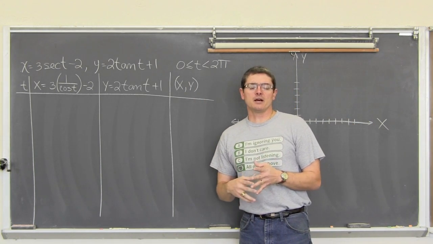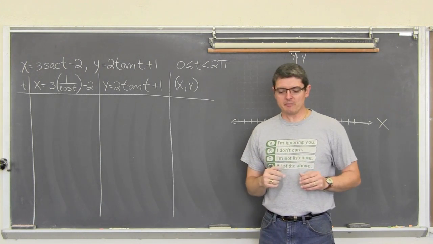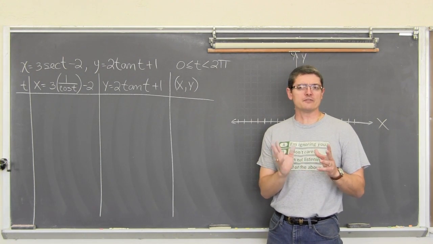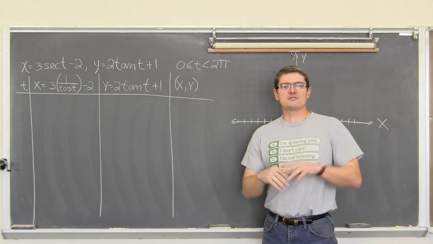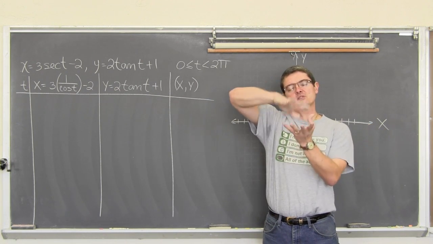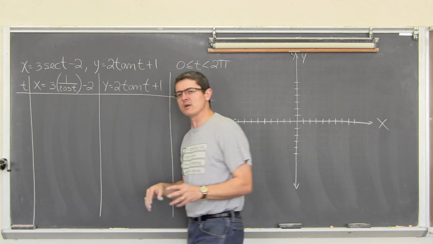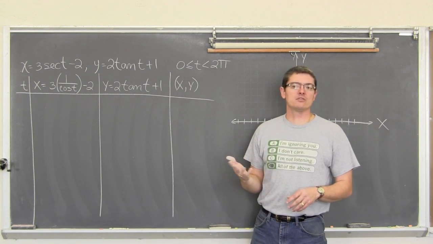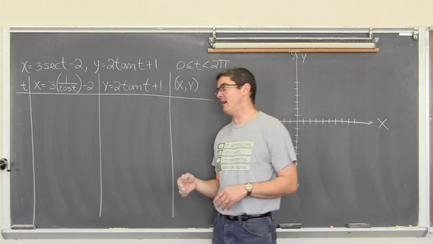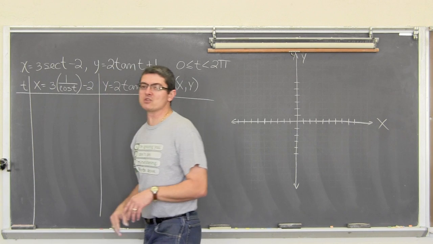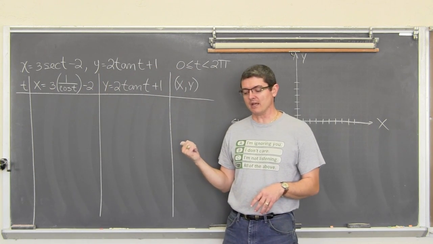So you don't have to find the asymptotes, but it's going to have undefined values. It's going to have some kind of weird shape with the asymptotes and some empty space in the middle. So just doing a handful of points like the quadrantal points, 0, pi over 2, pi, 3 pi over 2, and 2 pi, is not going to be sufficient to give you a complete picture of what this looks like.